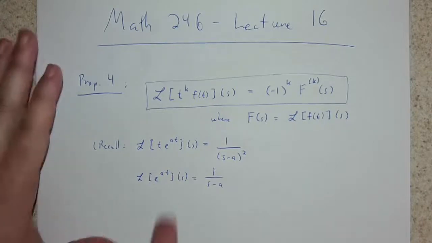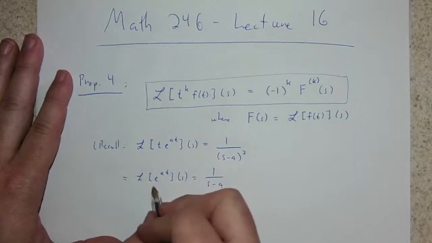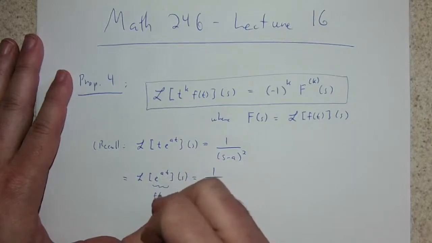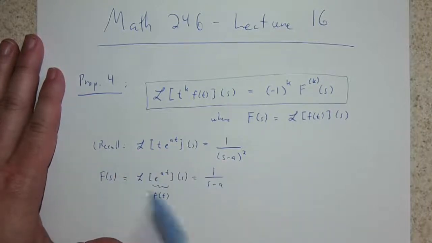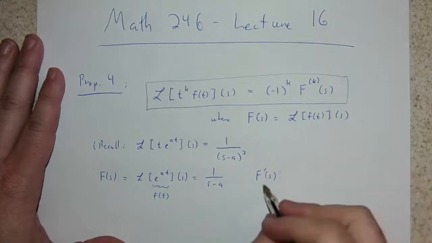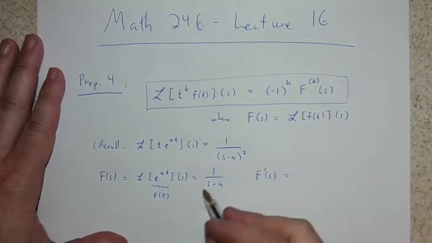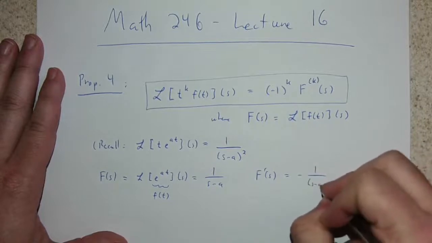Well, note, if little f here is e to the at, that's little f of t, then I'm calling this big F of s, and if I take the derivative of that with respect to s, what do I get? I would get minus 1 over s minus a squared.